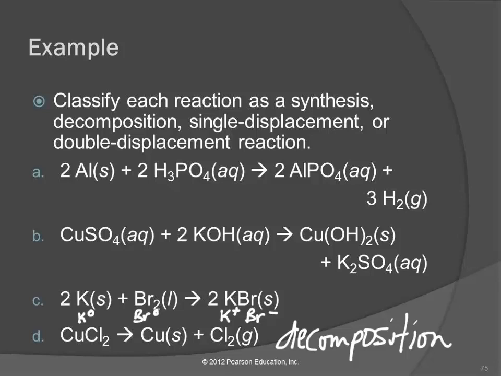I wouldn't expect you to recognize that as an oxidation reduction reaction, although it is. But you're not really equipped to classify that in the other manner. But decomposition, we recognize it easily because it has one reactant. So it's decomposing. Any questions?